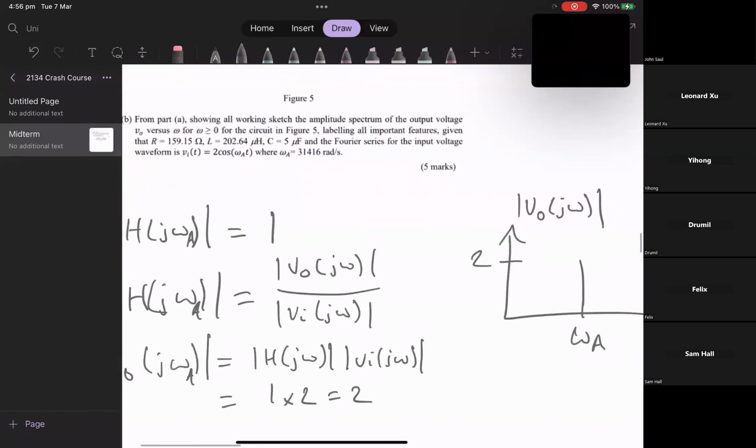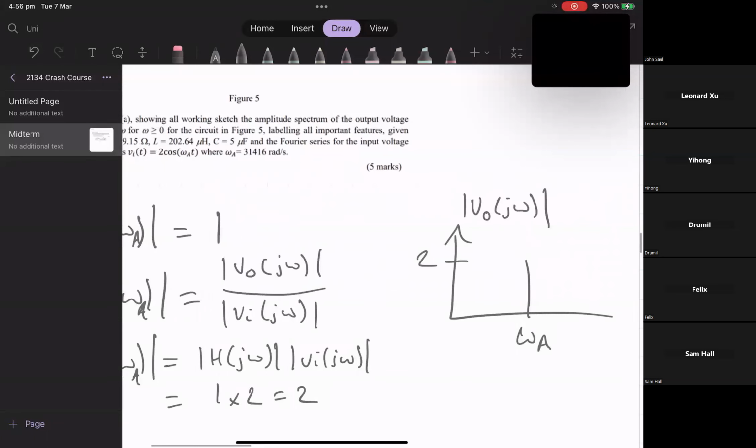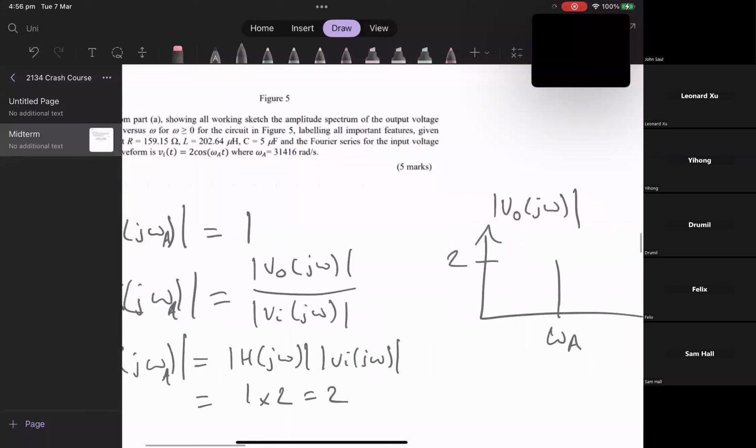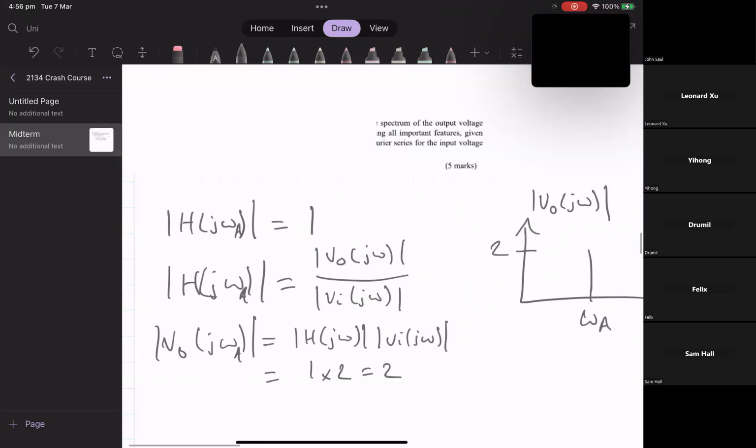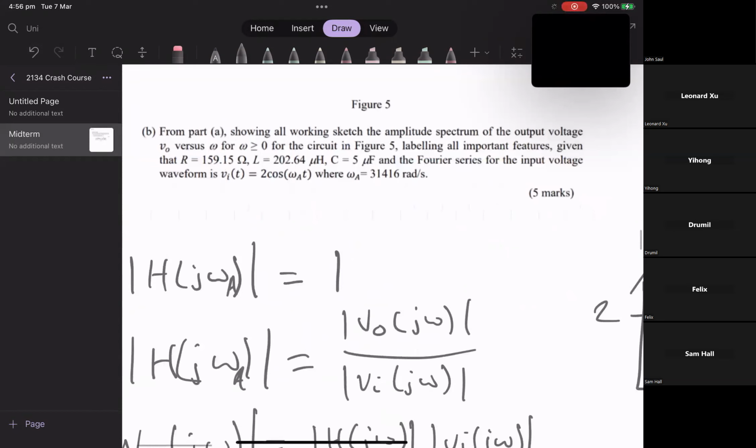The important features are just omega A, we can say the value in rad/s but we don't need to, and the magnitude is 2. Again, the hardest part of this problem is knowing what to do, knowing what a magnitude spectrum is made up of, and identifying that this is just one term in a Fourier series.